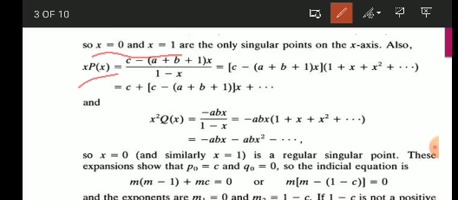Therefore, x into p of x equal to c minus a plus b plus 1 into x by 1 minus x, that equal to c minus a plus b plus 1 into x into 1 plus x square plus etc. That means the denominator is 1 by 1 minus x, that is 1 minus x raised to minus 1.